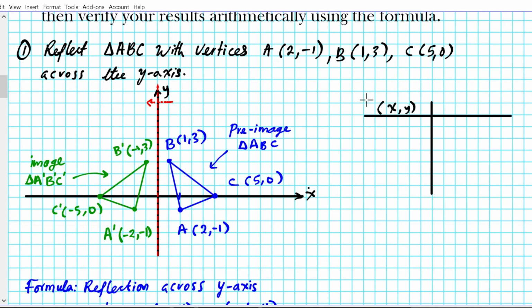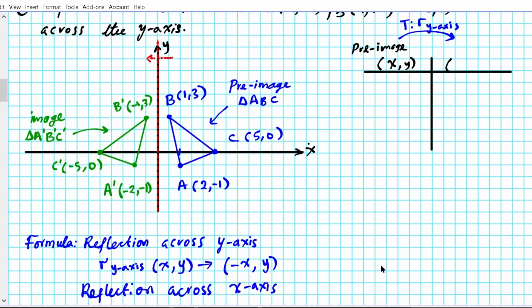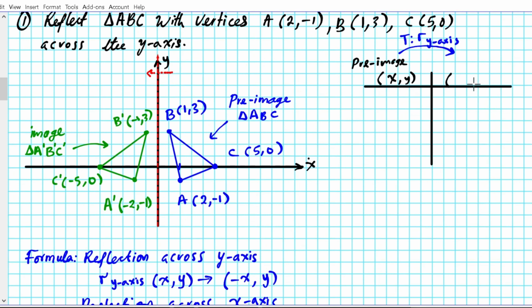This is going to be our pre-image. And then we're going to map it to the image using the transformation, reflection about the y-axis. So what's that going to do? Based on the formula that we have down here, it takes us to (-x, y).